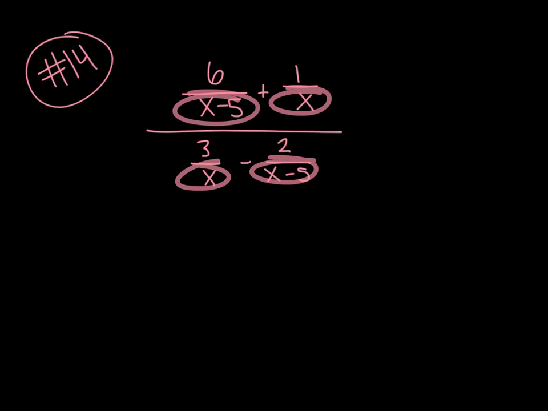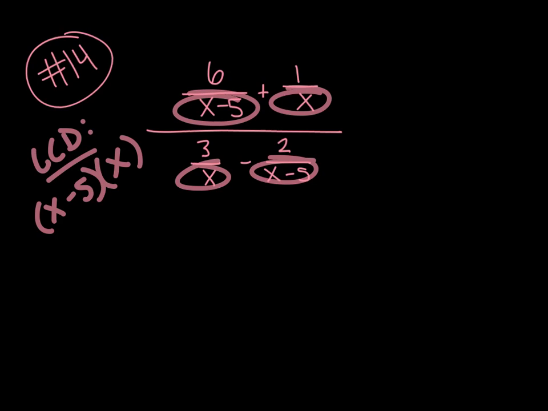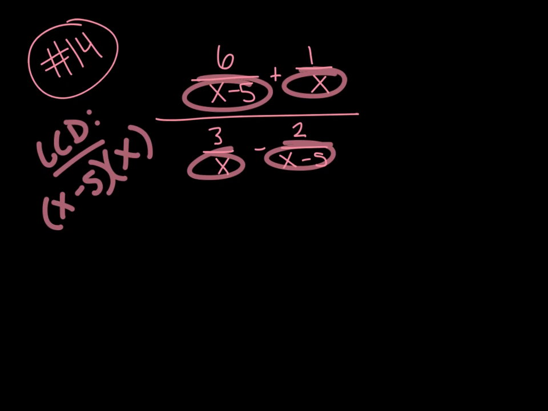What do we need to include in the common denominator to make sure everything is covered? So your common denominator here would need to include x minus 5, just one of them. None of them have more than one. And a single x. So that'll be your common denominator.